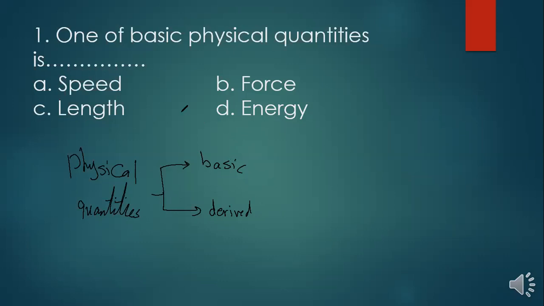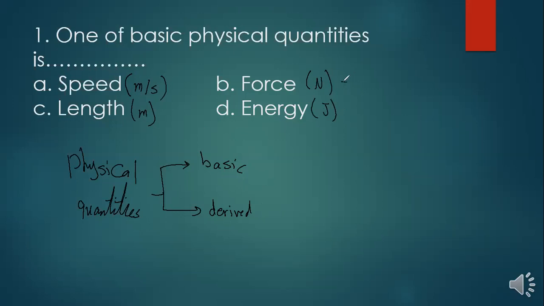So, speaking of speed, for example, right, let's get back to the units in order to identify whether this physical quantity is basic or derived. Getting back to speed, the speed unit is meter per second. Length is measured in meters. Force is measured in newtons. And energy is measured in joules, right?